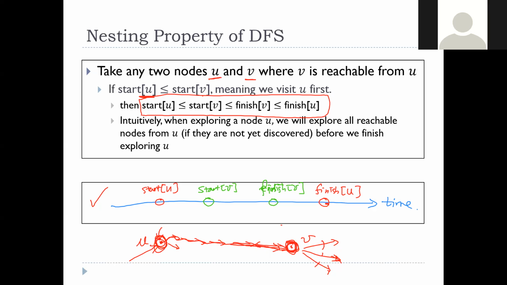Another way to say this is that intuitively, when we explore a node U, we basically will explore all the reachable nodes from U. Okay, and they need to be finished exploring before we finish exploring U. So me and my descendants, actually the finishing time for me will be later than the finishing time of my descendants. Okay, all right, questions?